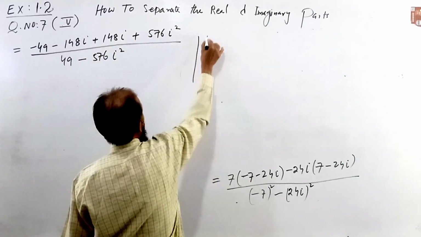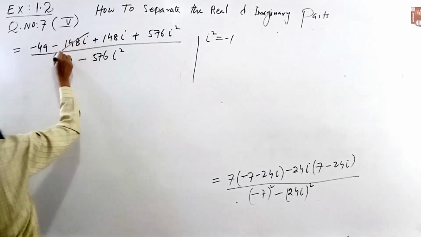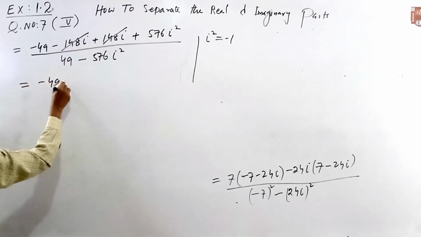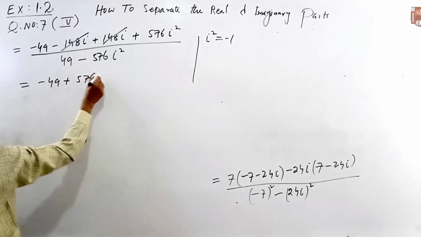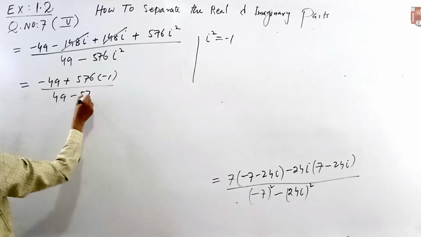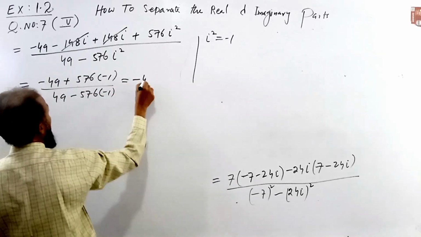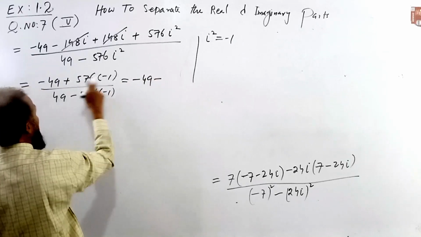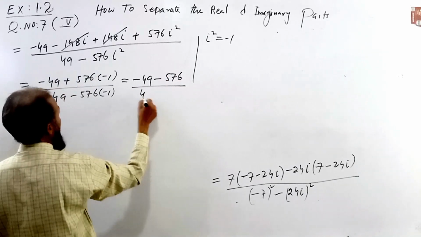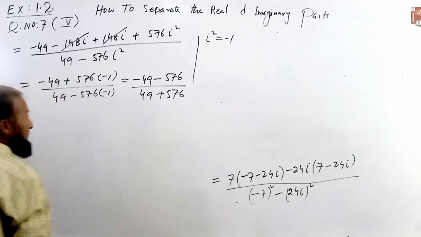In the place of i square, we put -1. So this will be cancelled: one is positive, one is negative. So minus 49 plus 576, divided by 49 plus 576.